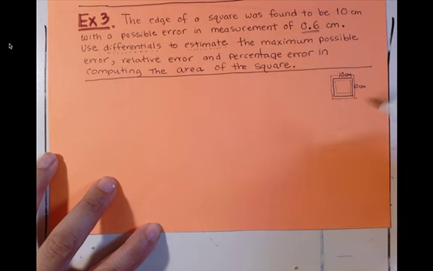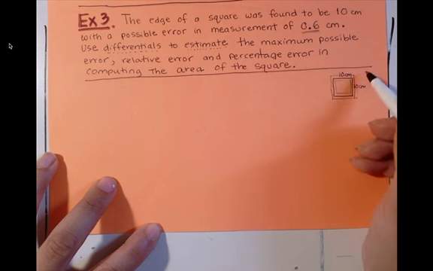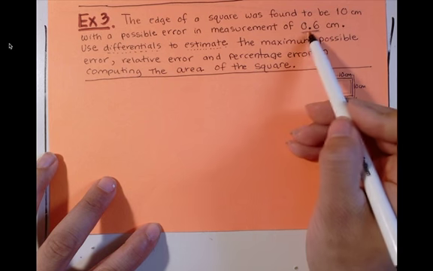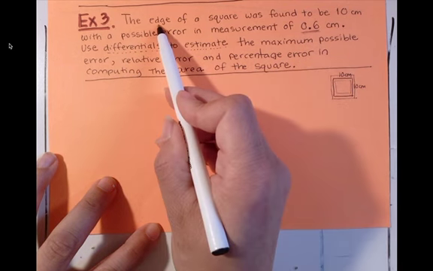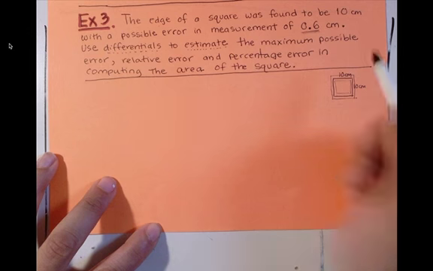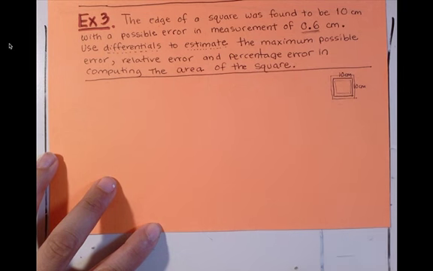So the idea is that we want to know what is the range and the possible errors of the area, based on the errors in the edge length of the square. So how much could the area actually vary because of this error?